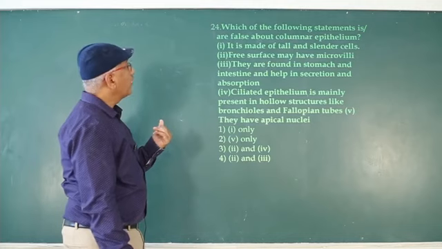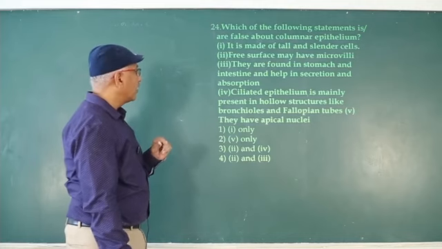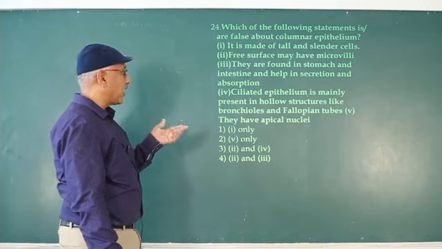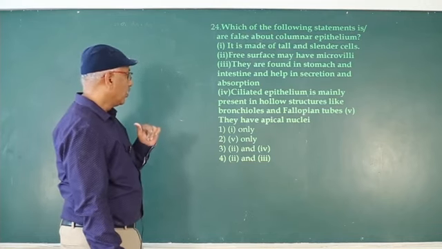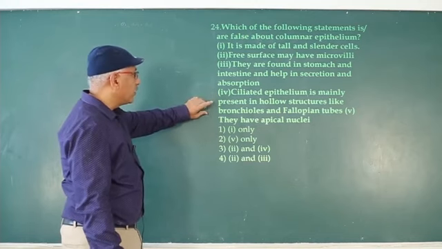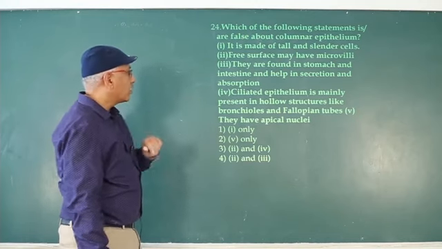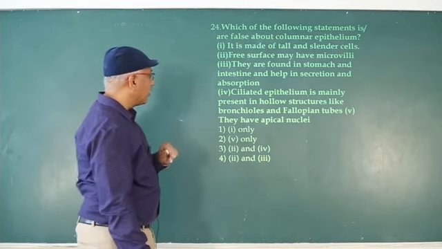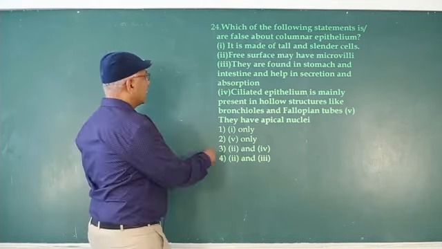Which of the following statements are false? Ciliated epithelium is mainly present in hollow structures like bronchioles and fallopian tubes. They have apical nuclei, so it is the fifth one.